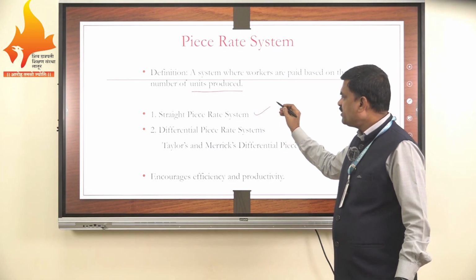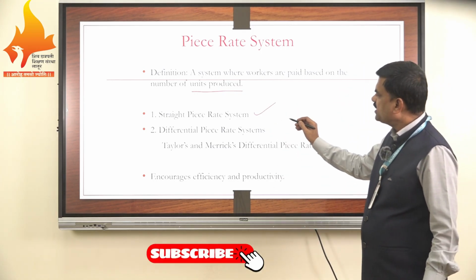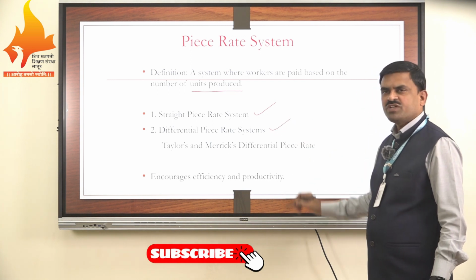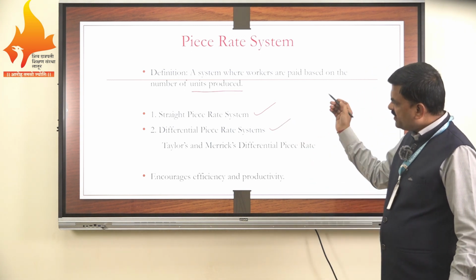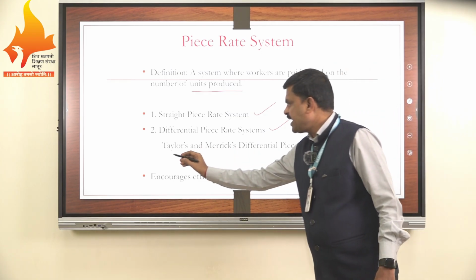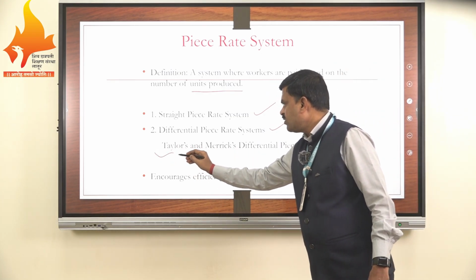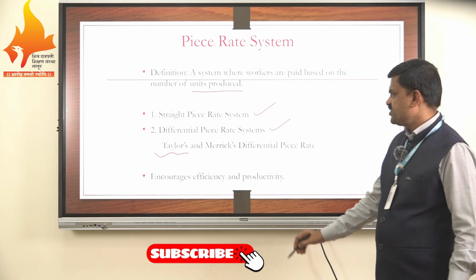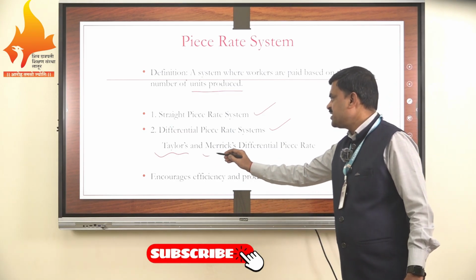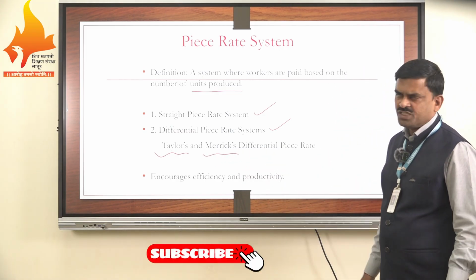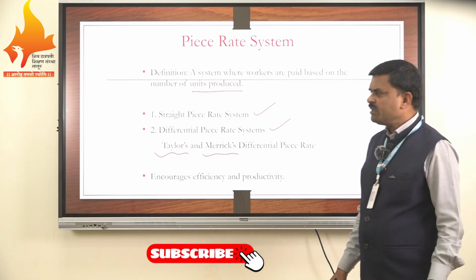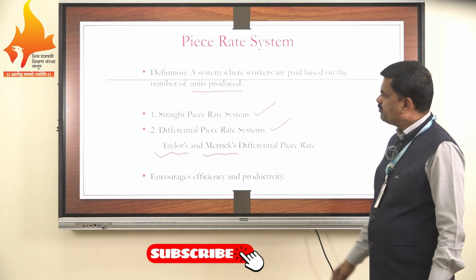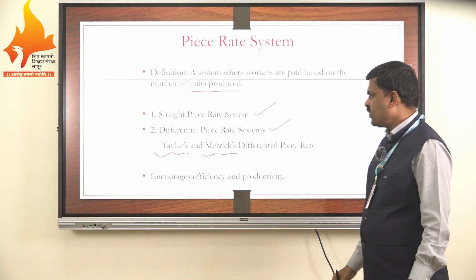One is the straight piece rate system and another one is the differential piece rate system. Under the differential piece rate system, there are again two popular methods. One is Taylor's differential piece rate system and another one is Merrick's differential piece rate system. Many other differential piece rate systems are also there, but these two are the most popular.